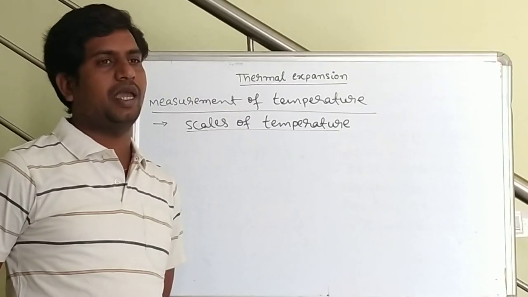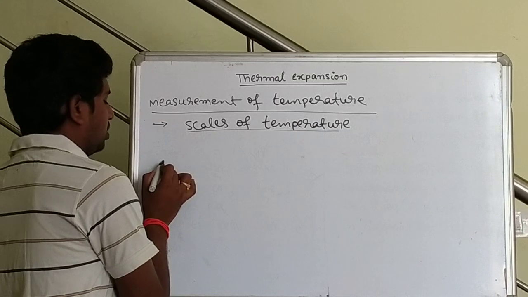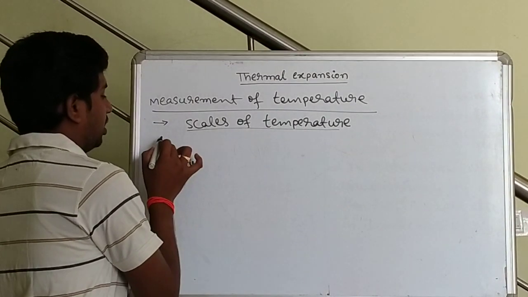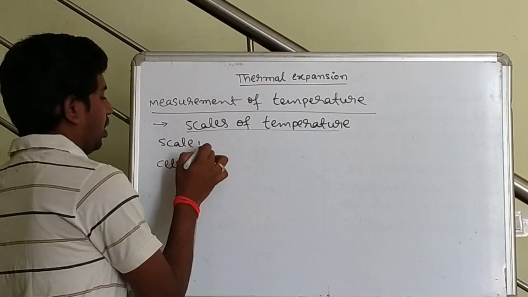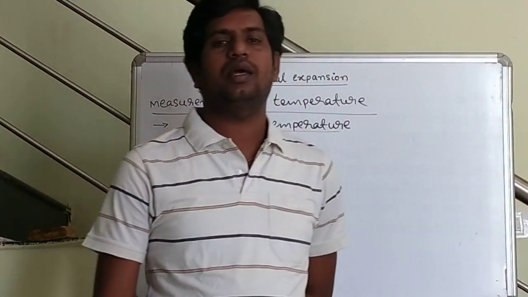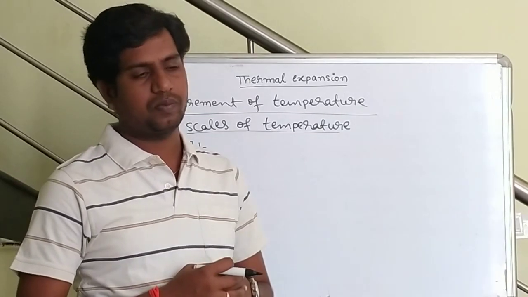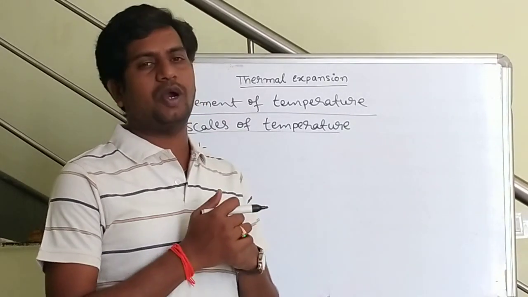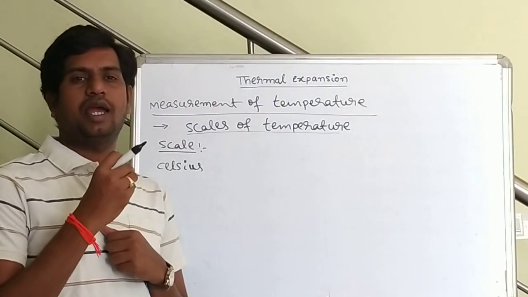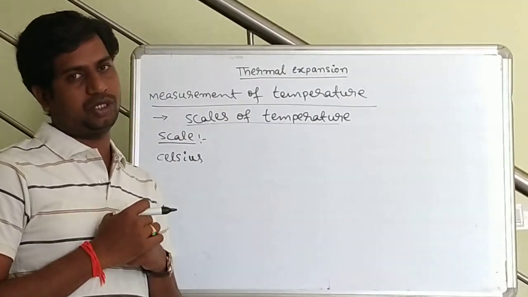The first one is the Celsius scale. The very important thing in designing a scale is that we need two fixed points. Those two fixed points are the melting point and boiling point of water at 1 atmospheric pressure.